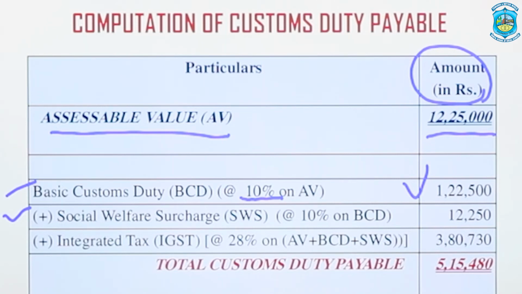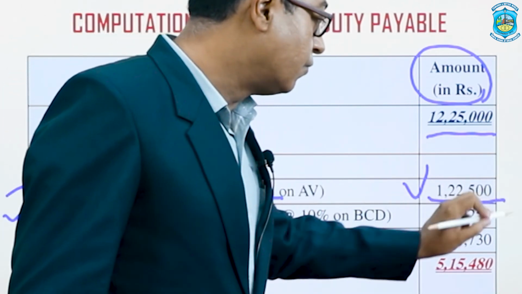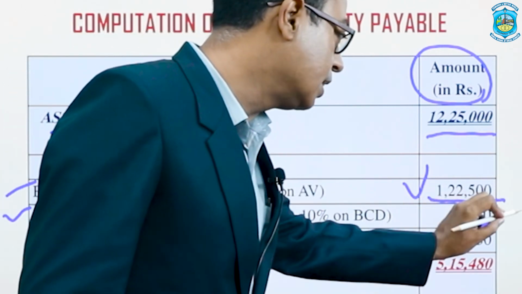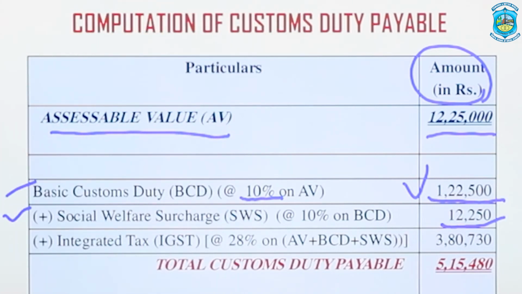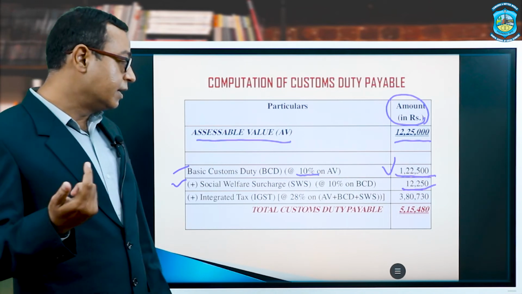Remember, assessable value is not to be considered, it will always be 10% of BCD, means 10% of 1,22,500 will give you 12,250.